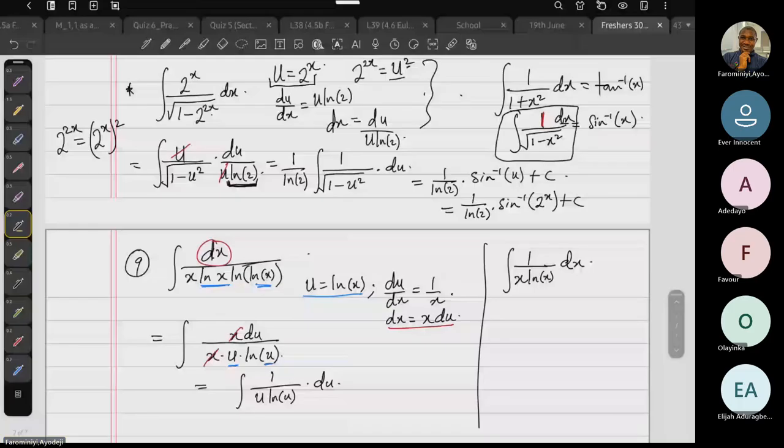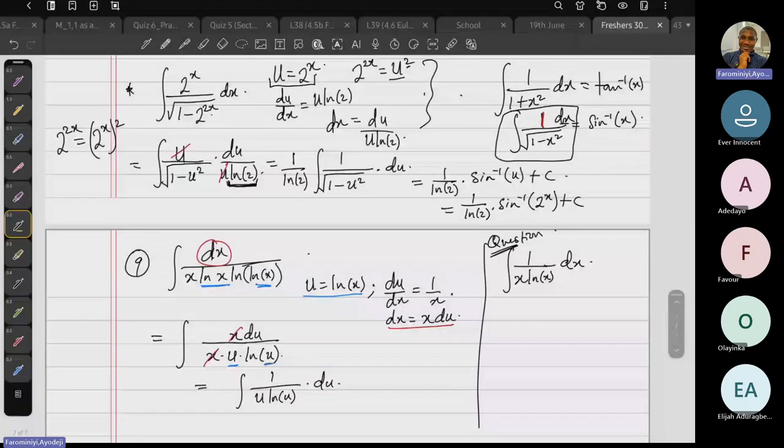So if you have 1 over x ln x, if this is the original question, what would you do? Of course, we know that this is going to be a u substitution.